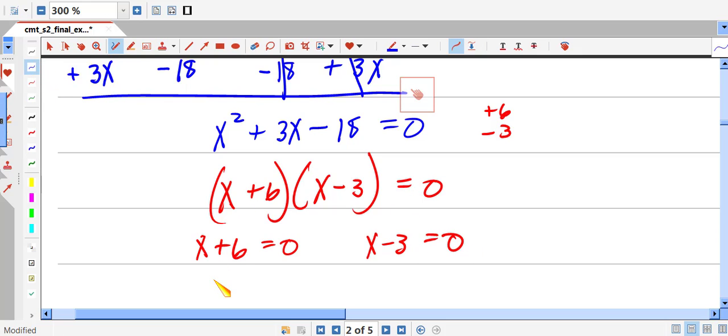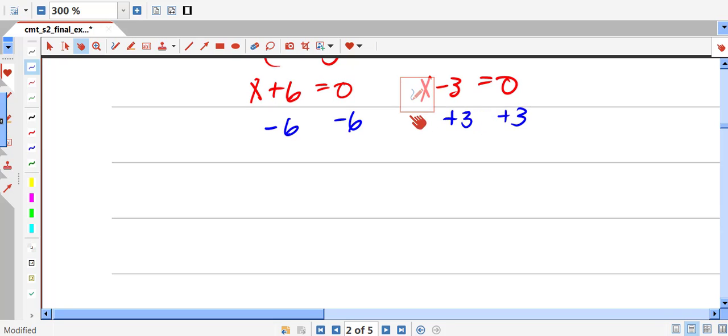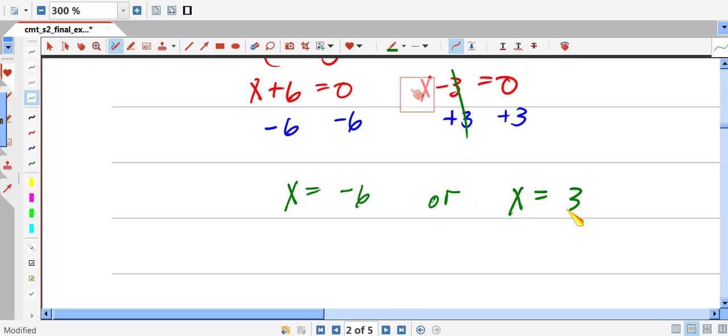And so I'm going to subtract 6 here and add 3 to both sides here. And I end up with x equals negative 6 or x equals 3.